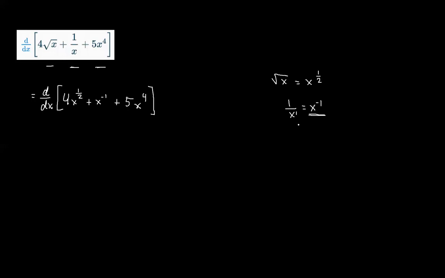Basically, whenever you see this one, 1 over x is equal to x raised to negative 1. So another example, if I have 1 over x squared, this means this is x raised to negative 2. All right? So lastly, if I have 1 over x raised to 3, so this is x raised to negative 3. All right?